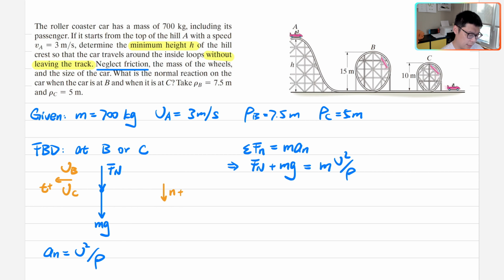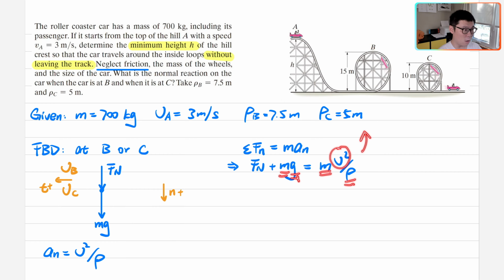Now let's take a look at the relationship between the velocity and the force. When your car goes through B with a very large velocity, that means this term is very large. Your m is fixed, your rho is fixed, your g is fixed, unless you're somehow changing the gravity.